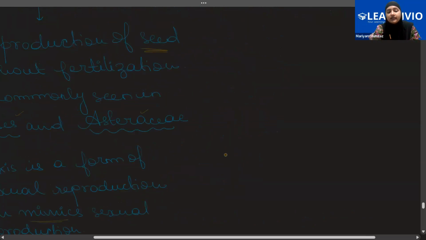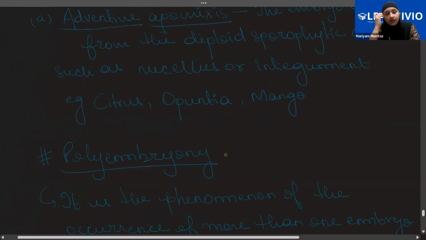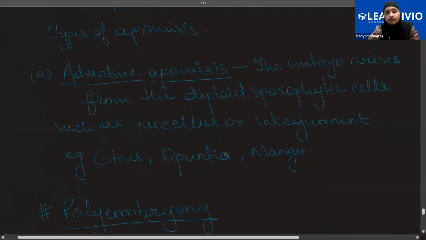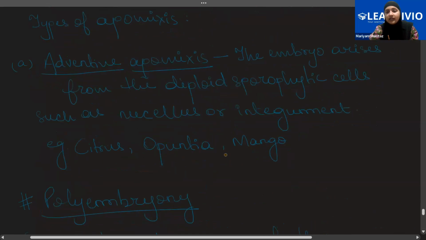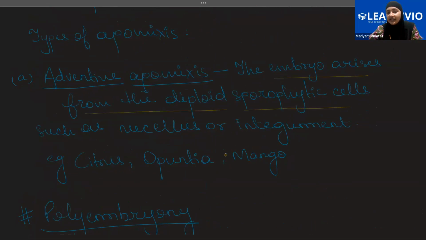Now, the next thing is that apomixis is of 2 types. Or you just talk about one type only. Adventive apomixis: the embryo arises from a diploid sporophytic cell, such as the nucellus or integument.